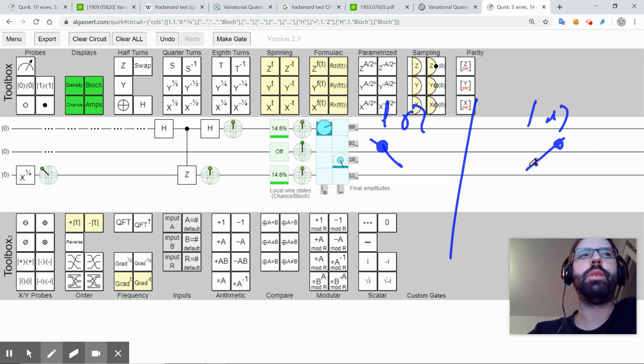And how do I determine intuitively the probabilities of measuring 0 or 1 in here?